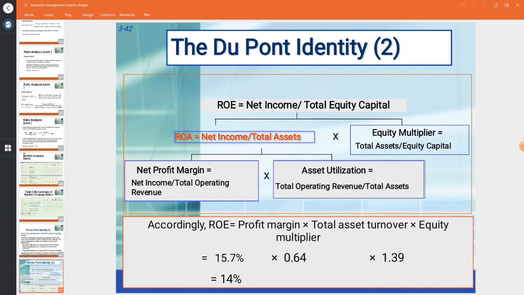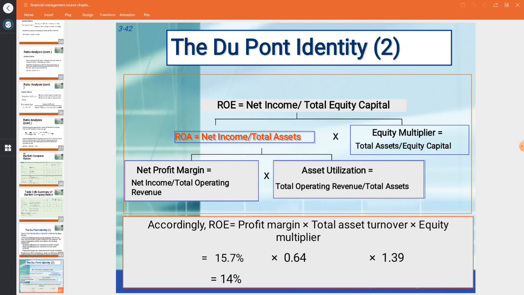As you see, according to the DuPont identity, we take the shortcut of the return on equity, net income divided by total equity. First, we split it into two parts. Return on equity is equal to net income divided by total assets multiplied by the equity multiplier.